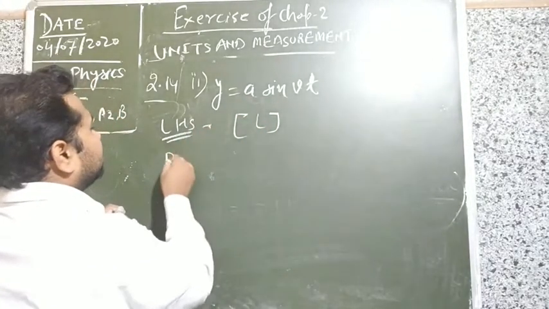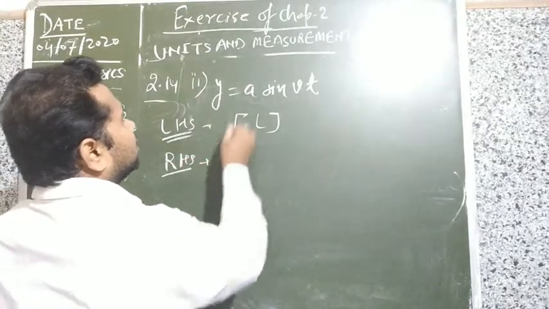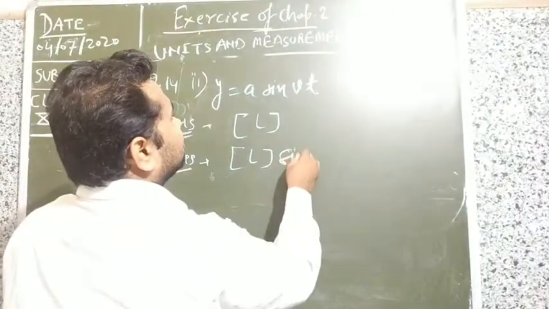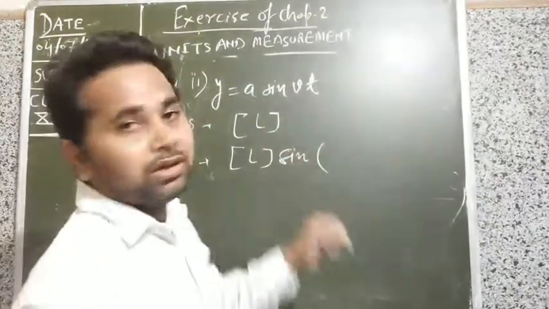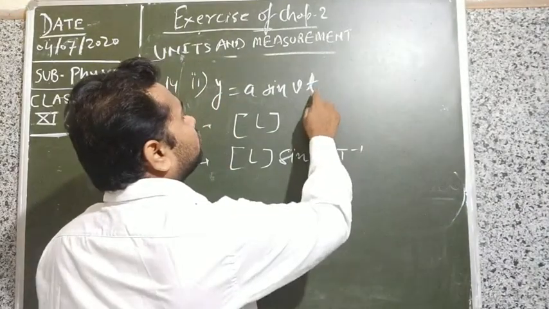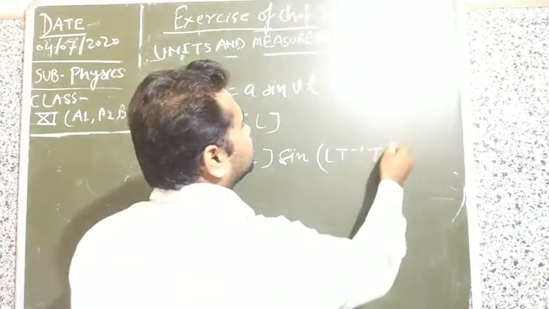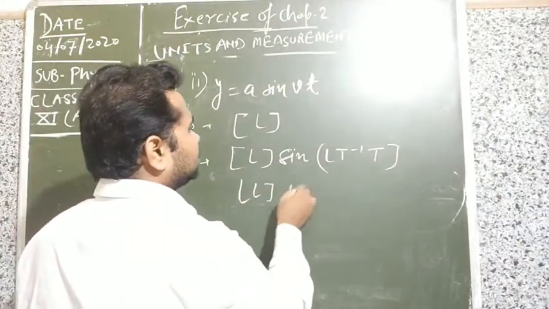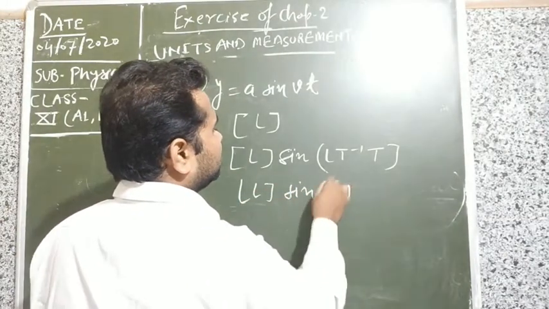For the right hand side, the dimension of A is L, and then sin. What is the dimension of V? LT minus 1, and the dimension of t for time is T. Finally it is L sin L.